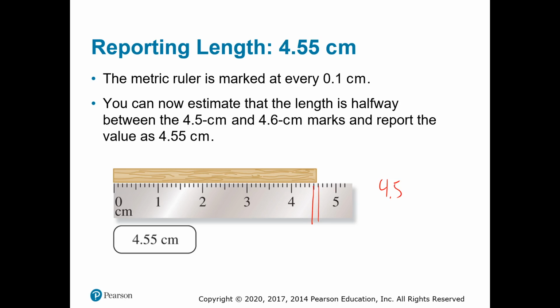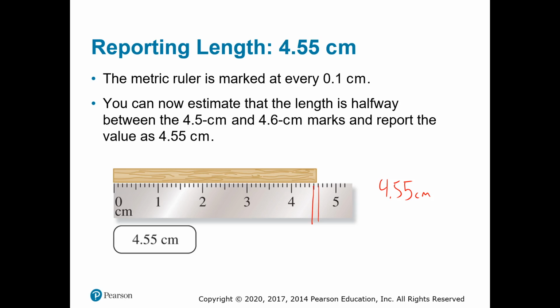So then I'm guessing in between that, and it's harder to see at this point, but I'm going to just say we're halfway, and that's my estimation digit. So your measurements will have all the digits you can actually see based on the tool you're using, and you will have one estimation digit for yourself that you have to make a judgment call on.